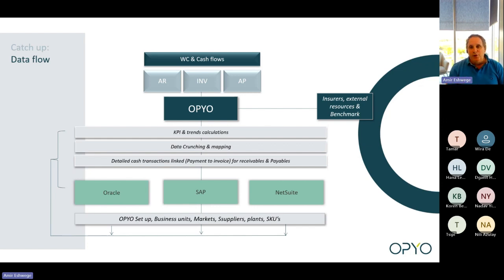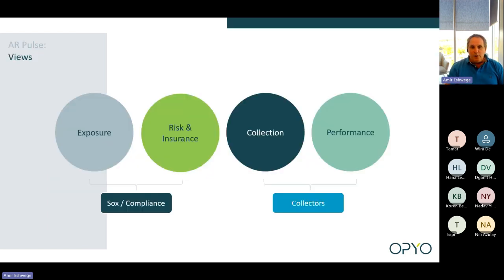One more slide before we drill down into OPYO, the system itself, and then I'll demonstrate all I'm saying now in OPYO. When we look at managing receivables, managing the AR, basically we have 4 working areas and then 2 sub-working areas. We look at the exposure.